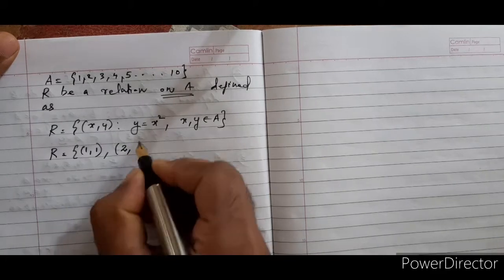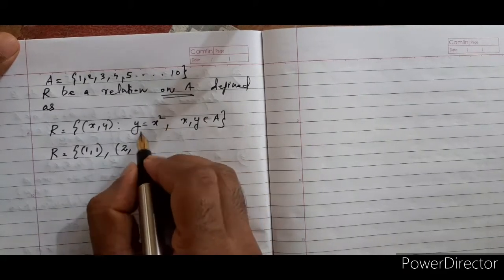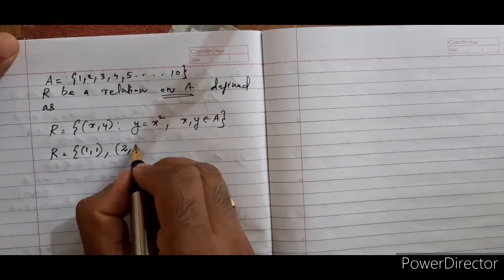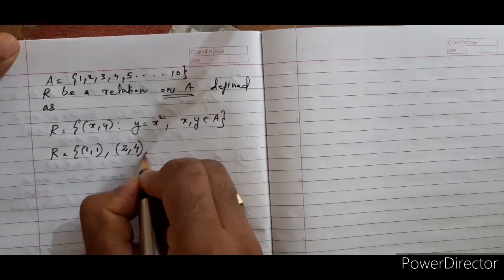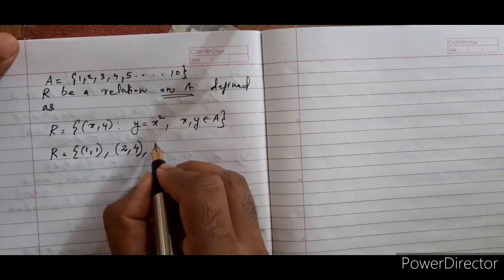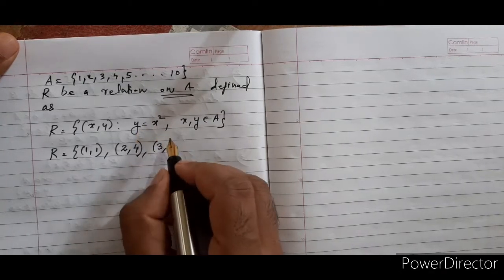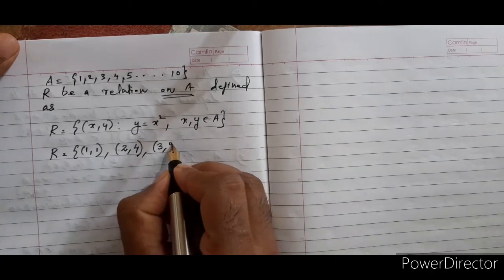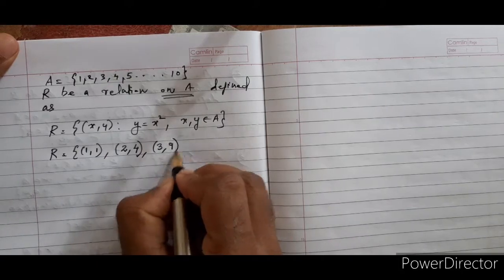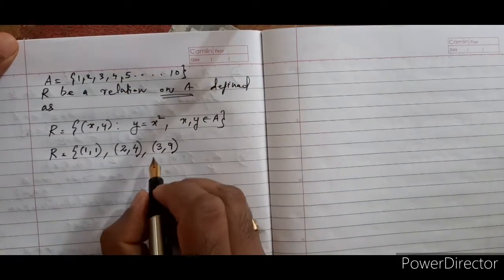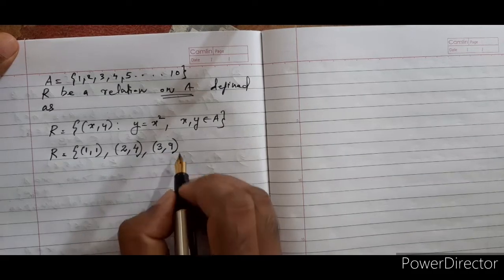When x equal to 2, what is the value of y? 4. 4 is in this set. So 2 is related to 4. Now take third element, that is 3. When x equal to 3, value of y is 3 square, that is 9. 9 is also in that set, so 3 is related to 9.